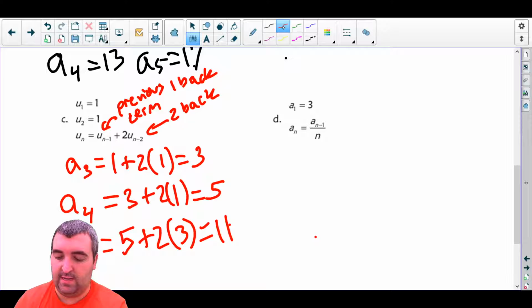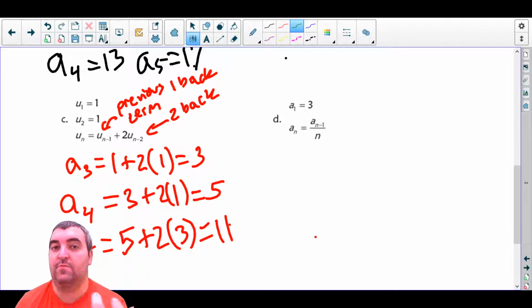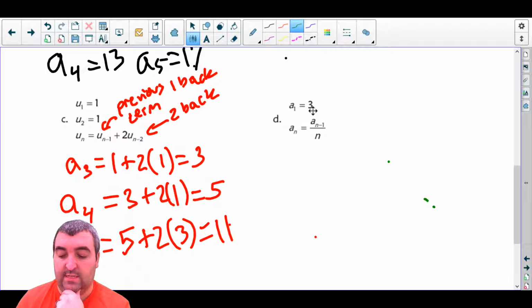And then sometimes we get rules that are kind of like a combination of explicit and recursive. So you can see here, we're told a sub 1 equals 3, and then we have a sub n equals a sub n minus 1, so the previous term, over the term we are on, like the term number we're on.